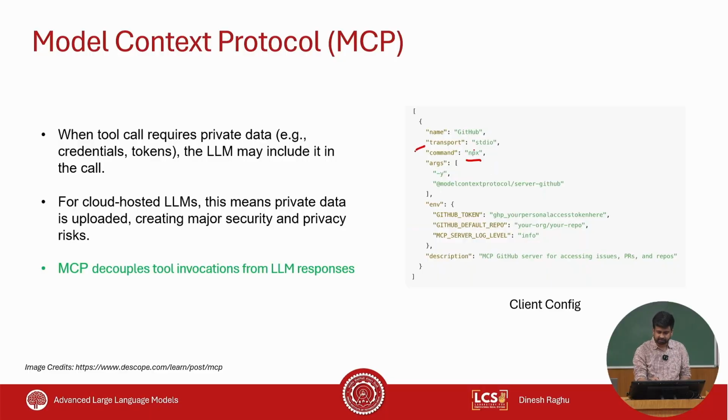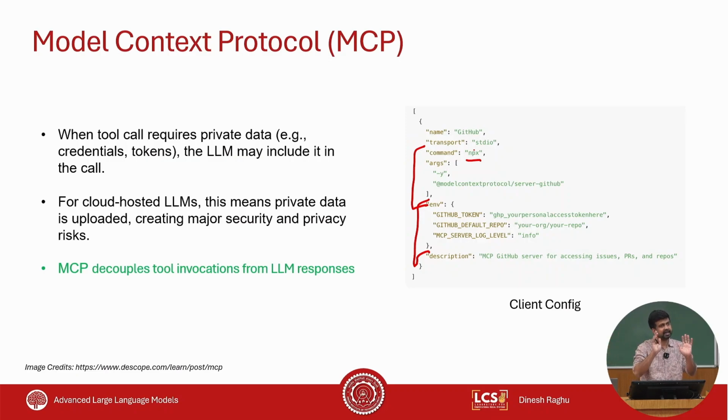And this part is separated from this part, which is the GitHub tokens or any secrets or credentials that you are sending. You are not sending it through the LLM, right? Typically, what would you do? If a GitHub API tool is there, it will take the access token as one of the inputs, and then you will give the other inputs, right?